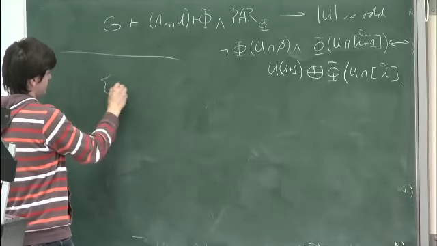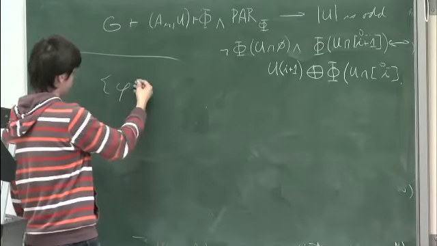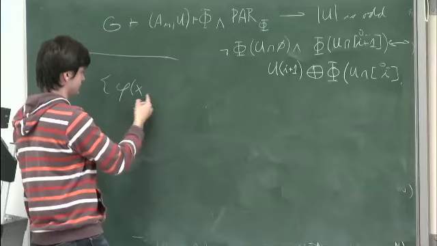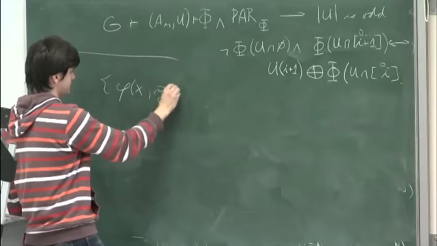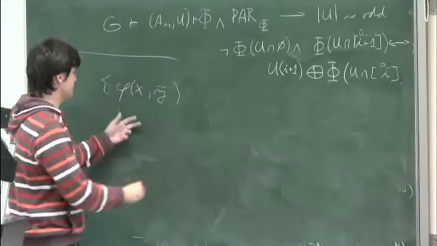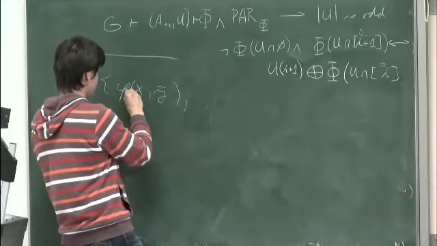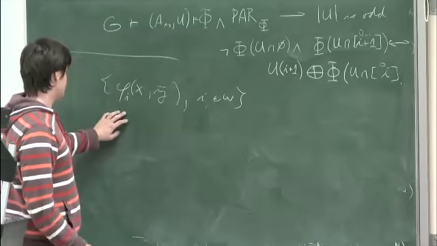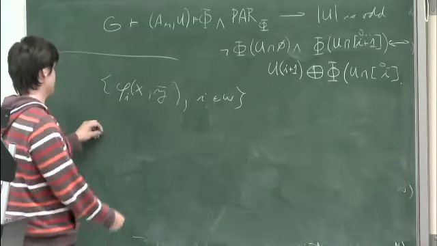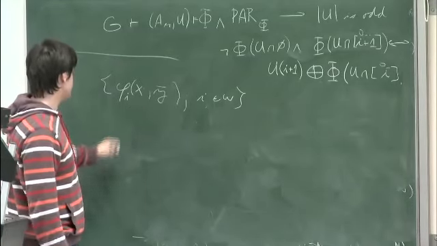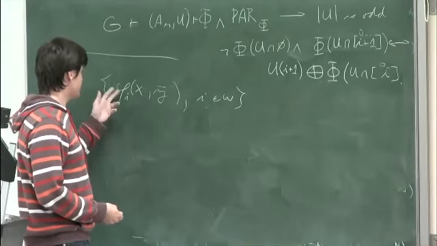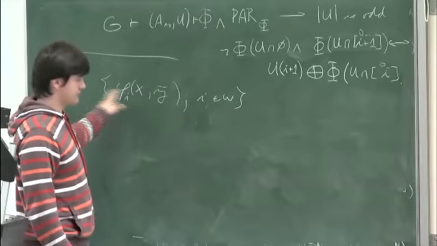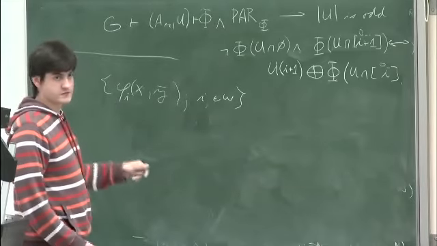A recursive type over some structure is a set of formulas in one free variable x and some fixed parameters, and this set is recursive, phi I on omega, and it's finitely satisfiable because it should be a type, and this means that for every finite number of these formulas, we can find an x in the structure which satisfies them altogether.